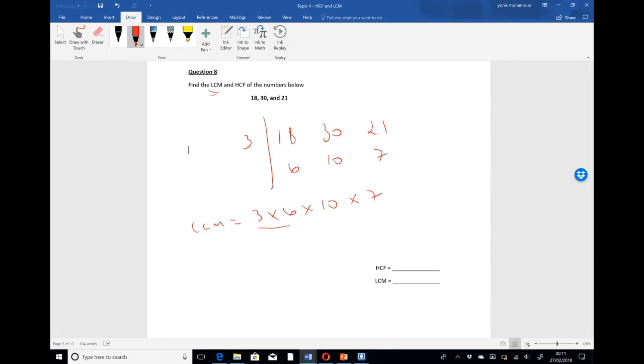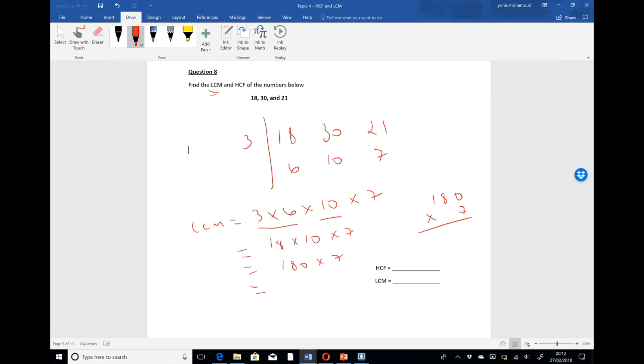So 6 times 3 is 18, times 10, times 7. So we got 180 times 7. So we'll do 180 times 7 on the side.